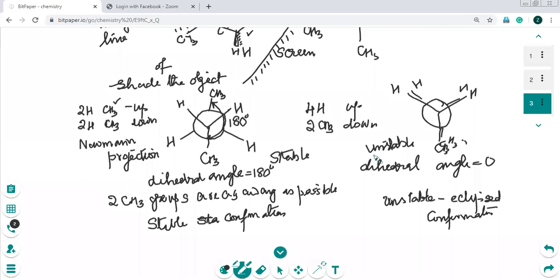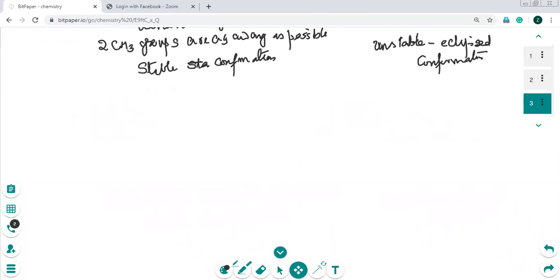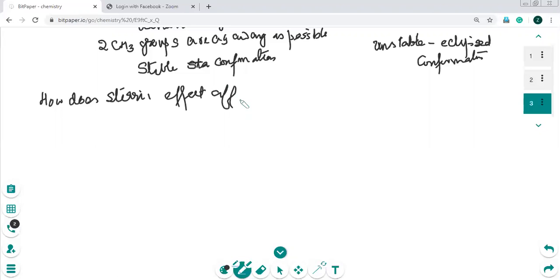Okay, similarly you have reactivity. We can consider the reactivity of compounds in steric effect. How does steric effect affect reactivity?